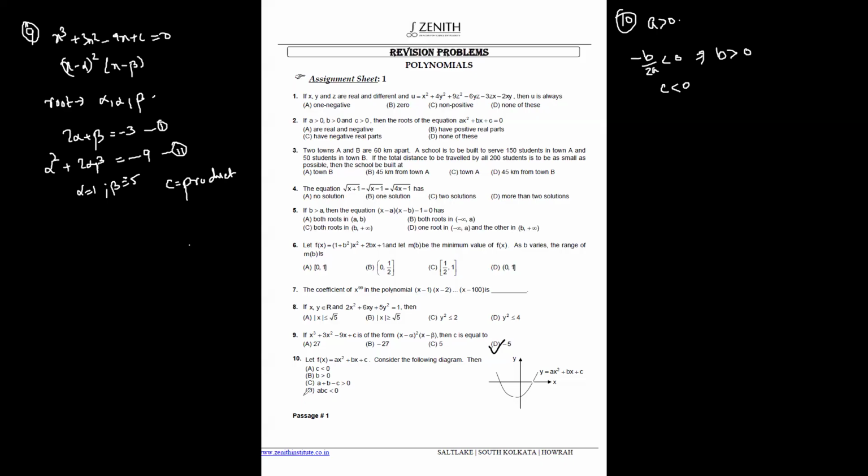A is positive, B is positive, C is negative, so A plus B plus C is negative.